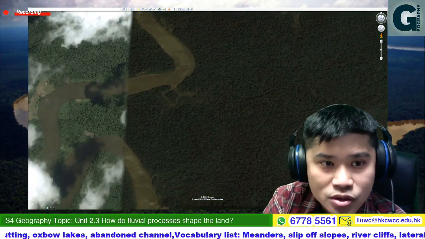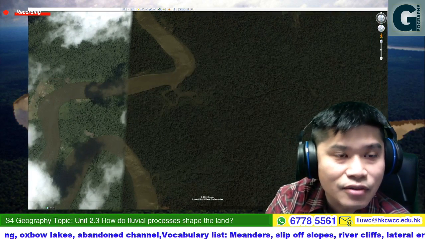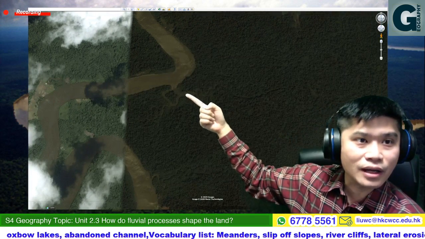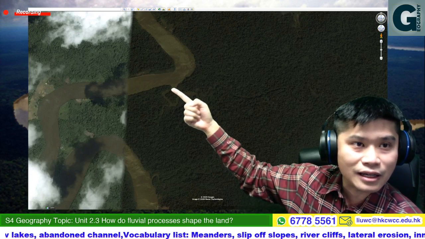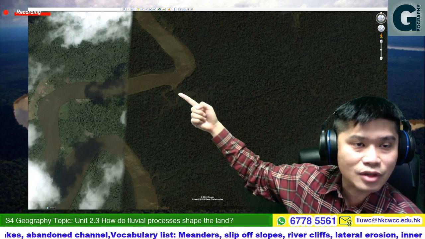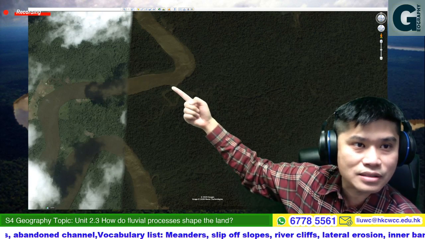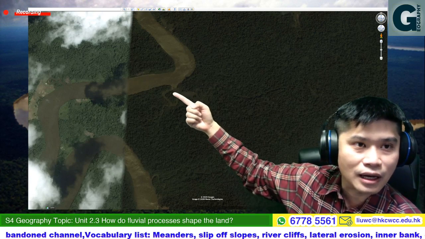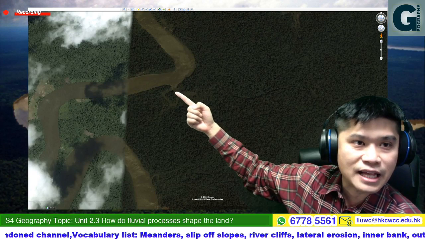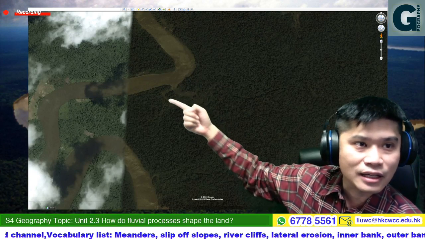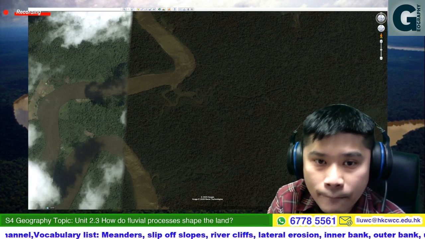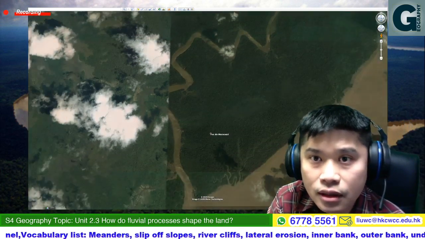But I'm not sure that you can see it very clearly. Okay, this one, you can see that. It looks like a lake here, but it is not really sealed by the sediment. You can still see a ring shape in that place.